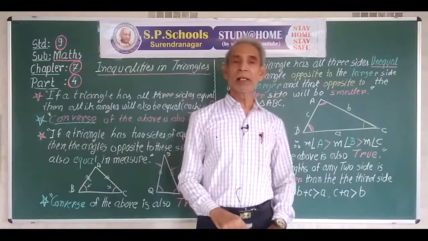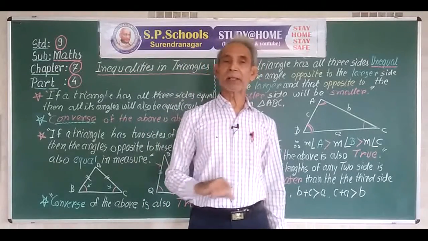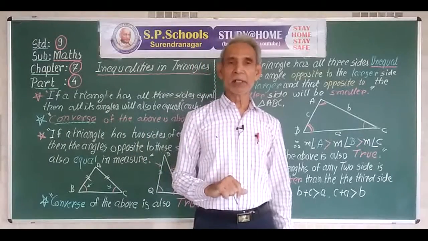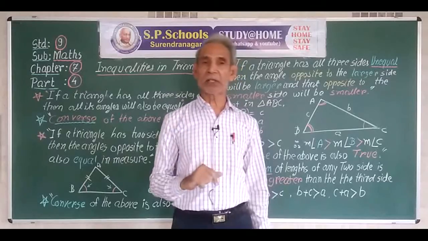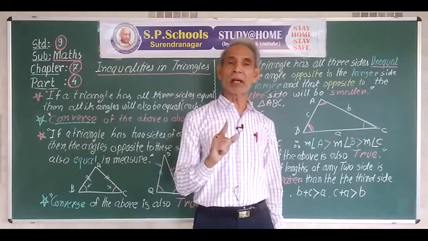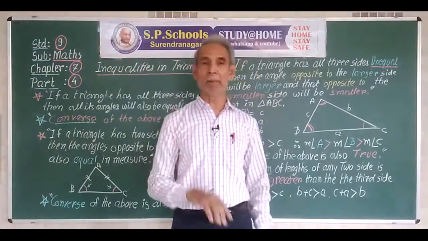Suppose we say that two line segments are of equal length, say 5 centimeters. Then we say that the line segments are equal in the sense of their lengths, not in the sense of their number of points in them.